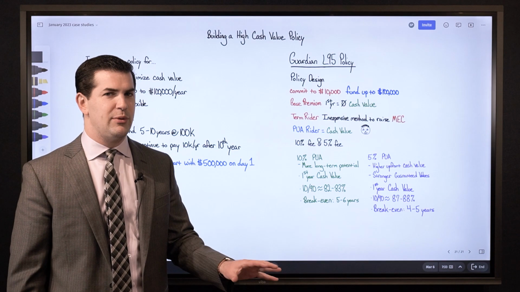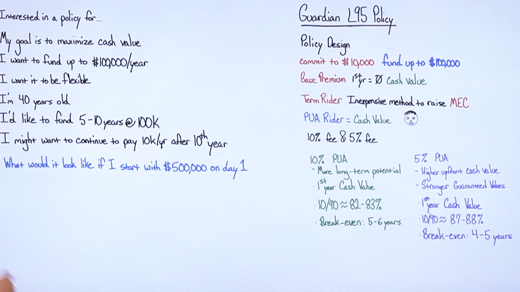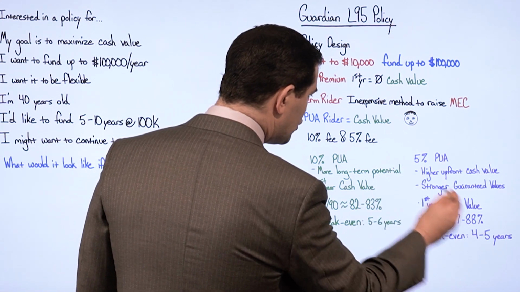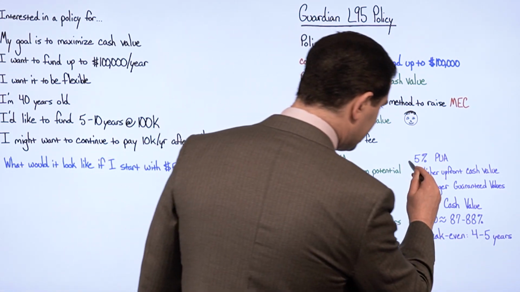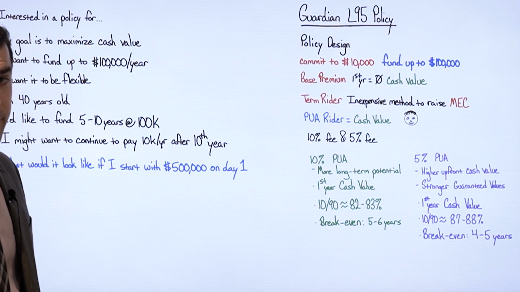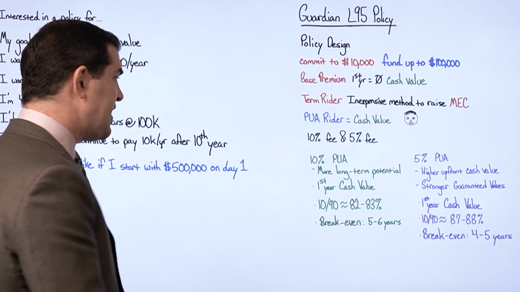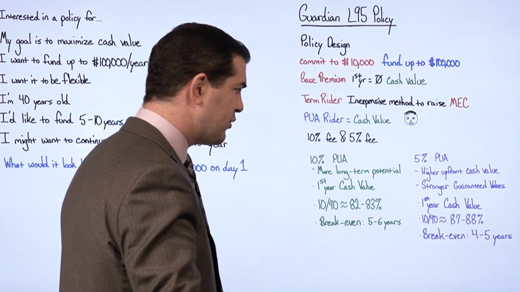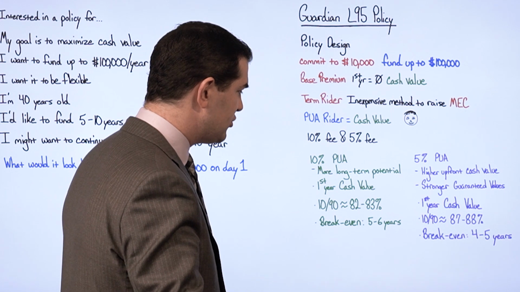You'll see that when we look at the illustrations. Here's a quick overview when we look at the two riders. Most we work with, just from looking at our statistics, will select the 5% PUA fee. But if you want a quick overview on the two, the 10% PUA fee offers greater long-term potential, especially when we look at the non-guaranteed side of an illustration.